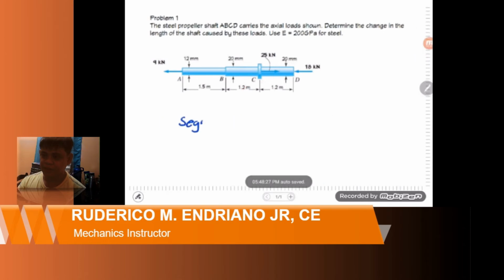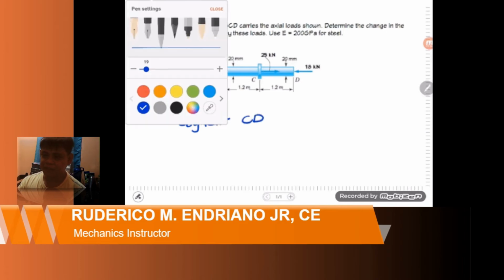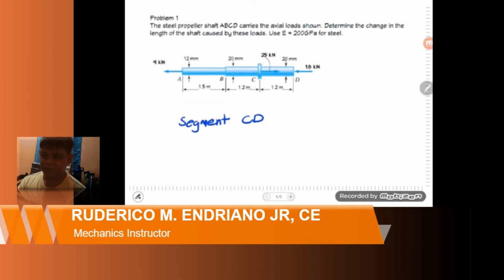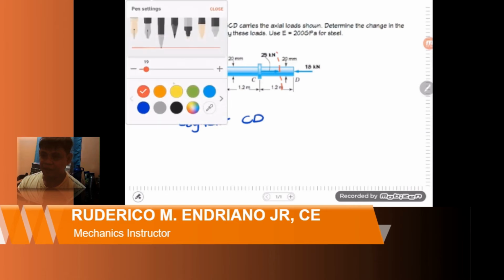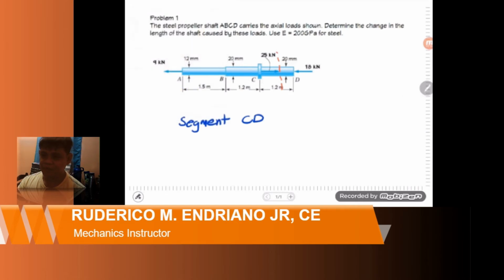Then we compute the internal force at segment CD, still using the method of sections. Pass the cutting plane at segment CD and then isolate the left or the right portion for its free body diagram. In this case, I considered the right portion.